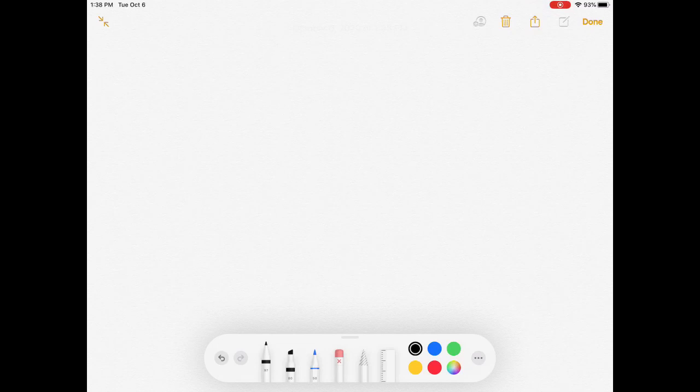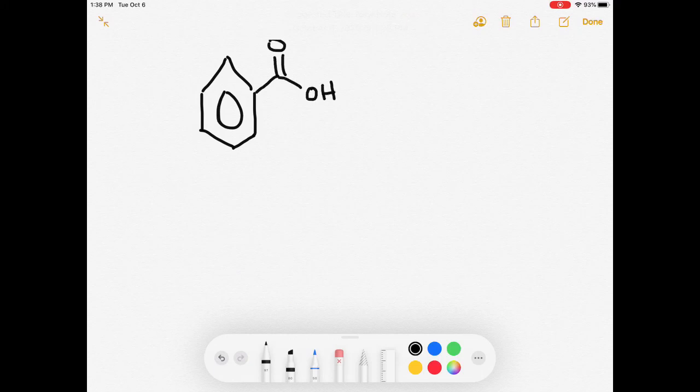Okay, then on number 3, we have 2,4,6 trinitrobenzoic acid. So benzoic means we have a benzene ring. Okay, here's our benzene ring. And then the carboxyl group is going to be on carbon 1 in the benzene ring. And then it says we have 3 nitro groups, so 1 on 2.